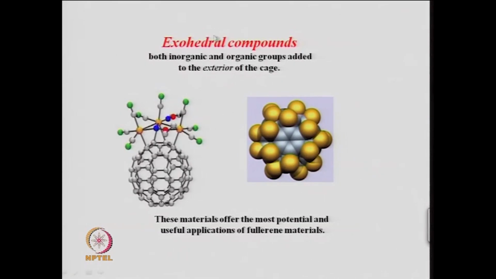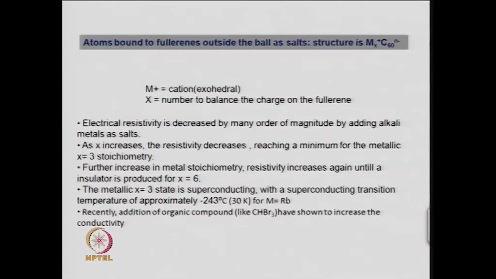This kind of exohedral compound has also been made in the laboratory, and these give you a lot of applications, because you can modify the properties of C60, C70 using these molecules which are attached outside on the periphery of the surface of C60 or C70 or other fullerene type of compounds.